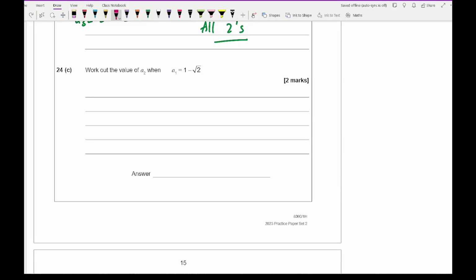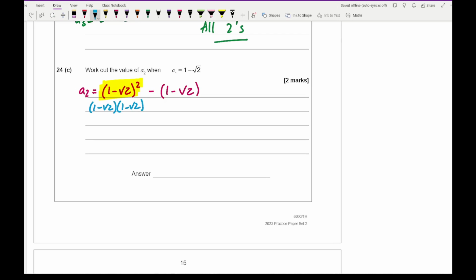Then moving on to question 24c, it says work out the value of a2 when a1 equals 1 minus root 2. So a2 is going to be equal to (1 minus root 2) squared minus (1 minus root 2). Now looking at this, this is going to be double brackets, so that's going to be (1 minus root 2)(1 minus root 2).